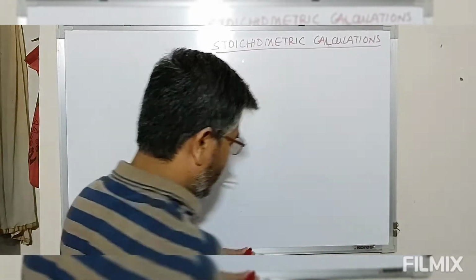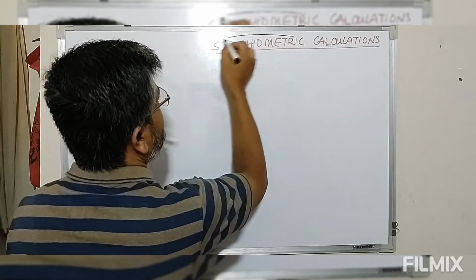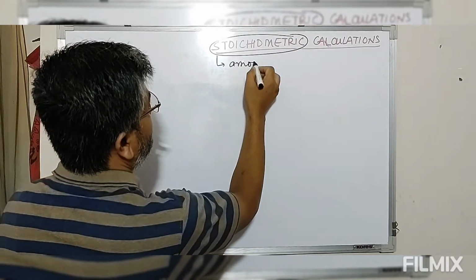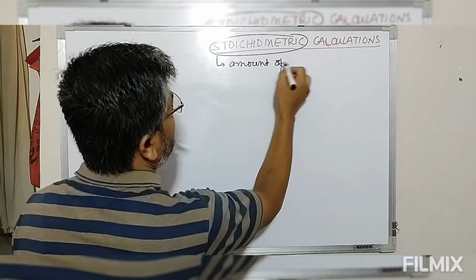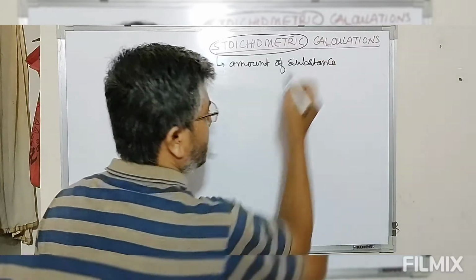As I told you, the word stoichiometric represents the amount of substance in a given reaction.